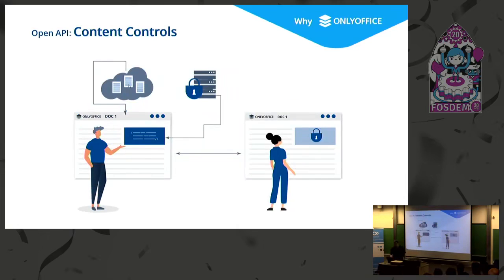Next one, content controls. That's one of the most important plugins. I think 3 out of 10 developers use that plugin. I will try to make a small example of how it works. So let's say you work on a document. The document is stored somewhere in your cloud, maybe on your server, in your storage. But the document has an area.